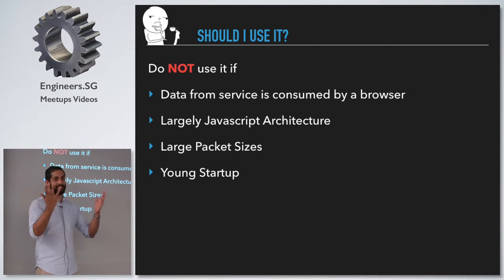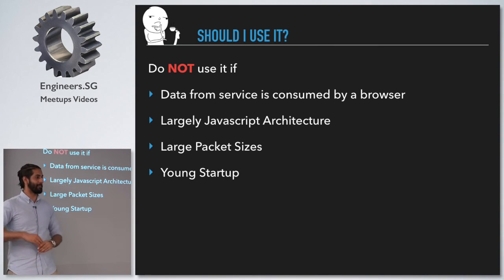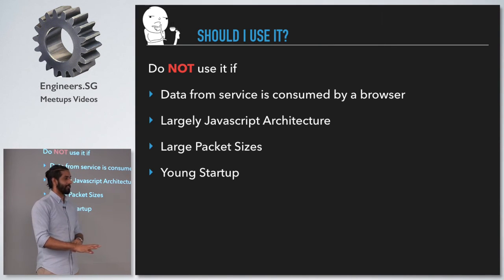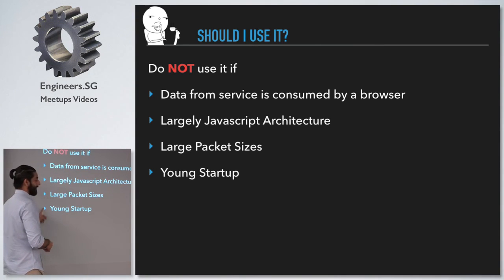So the packing is something that you need to think about. Yeah? A lot of people will show you benchmarks, will be like, oh, JSON is far faster, or protobuf is far faster. That is their scenario, it's not yours. So remember, the only thing I would like you all to take away from this is follow your own context first, and then do your tests. So yeah, large packet sizes.